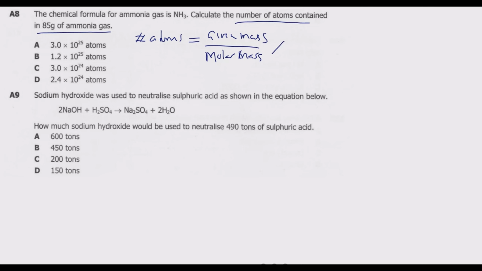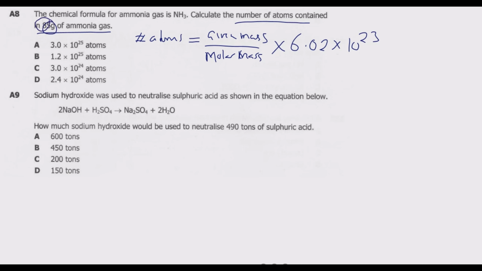Then you multiply this by approximately 6.02 multiplied by 10 to the power 23. So when you go back to the periodic table of the exam paper, you find this number. This number is given as the number of atoms per mole. So what you need to do is convert this to moles.